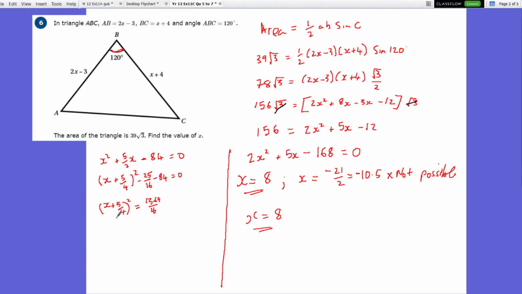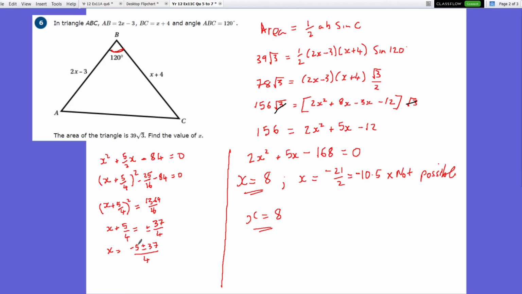The opposite of squaring is square root, so I end up with x plus 5 over 4 equals, if I square root the fraction, 37 over 4, plus or minus. Take this to the other side, so x equals minus 5, both over 4, plus or minus 37 over 4.